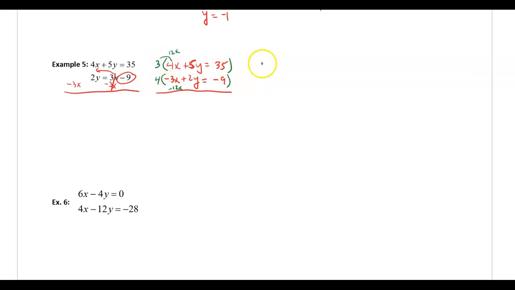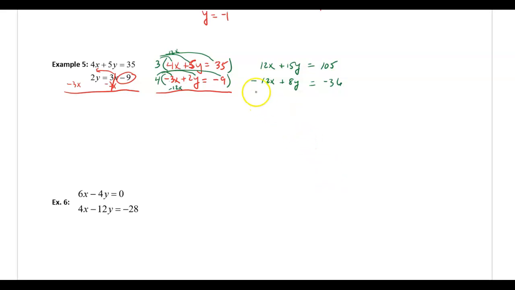So 3 times 4x is 12x. 3 times 5y is 15y. 3 times 35 is going to be 105. Now, 4 times negative 3x is negative 12x. 4 times 2y is 8y. 4 times negative 9 is going to give me negative 36.